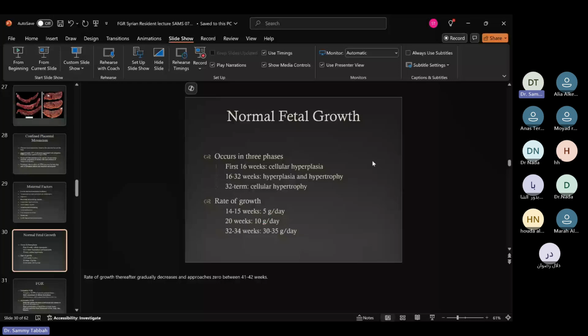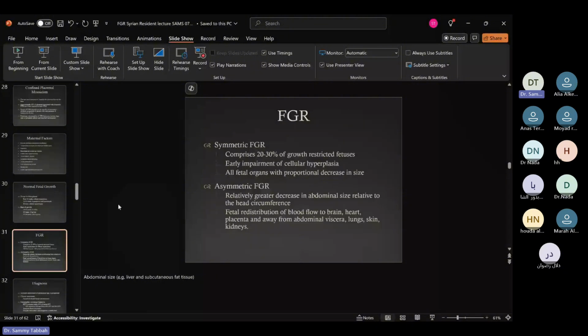So it tends to increase linearly throughout the pregnancy, with a slower rate of growth in the late first to early second trimester, and a significantly increased rate of growth as you get beyond 32 weeks. There are 2 different categories of fetal growth restriction.